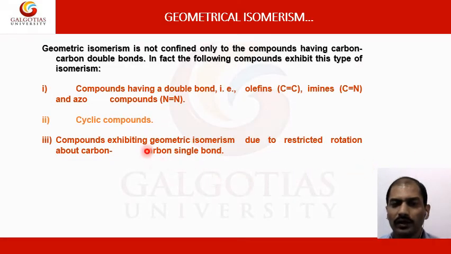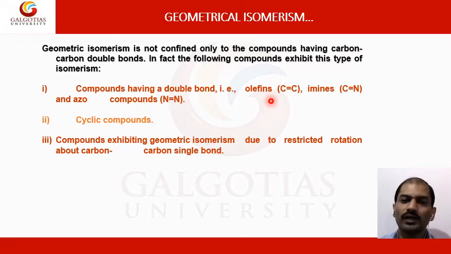You can see geometrical isomerism is not confined only to compounds having a carbon-carbon double bond. In fact, the following compounds exhibit this type of isomerism. You will only see the cis-trans or E/Z nomenclature if the molecule has a carbon double bond, a carbon-nitrogen double bond (imines), or a nitrogen-nitrogen double bond (azo compounds).